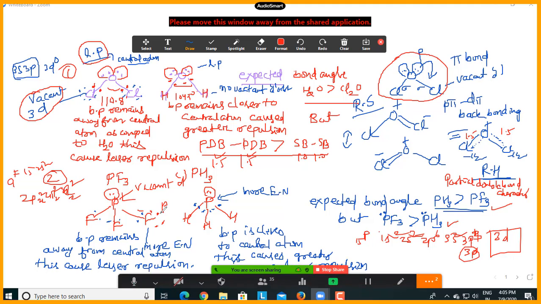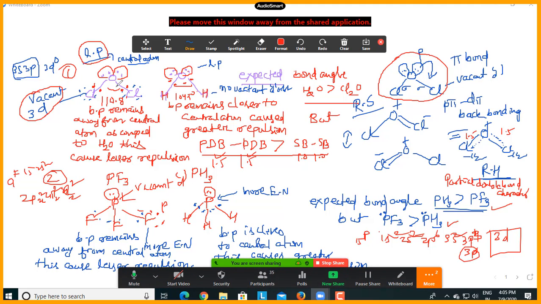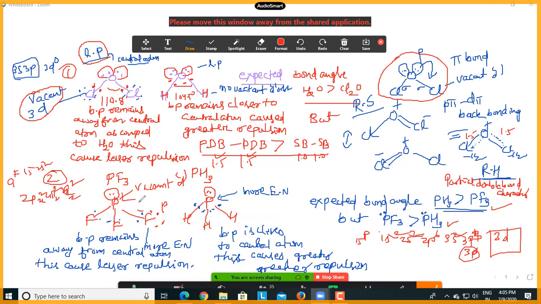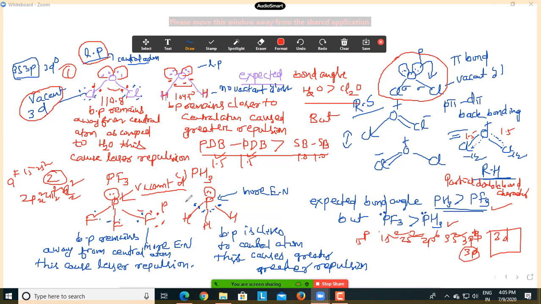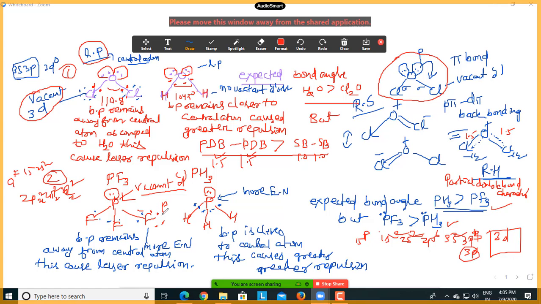It doesn't matter whether it is the central atom or the surrounding atom: anywhere, if a vacant orbital is there and the other one has a lone pair of electrons, then it can donate. Fluorine's size is very small and fluorine has three lone pairs. Fluorine has three lone pairs, phosphorus has a vacant orbital, then what happens?